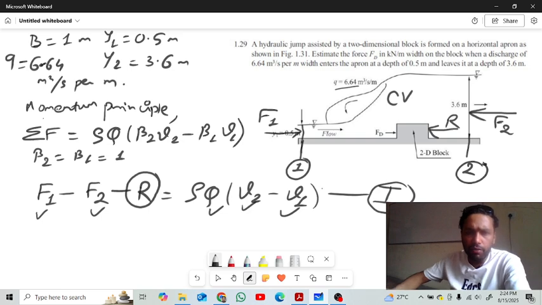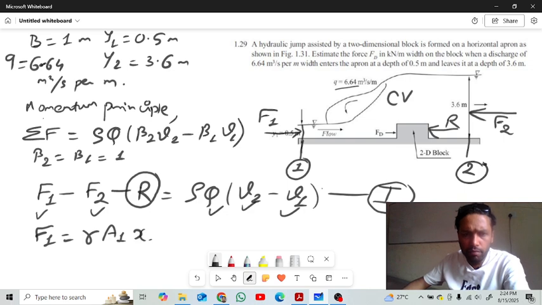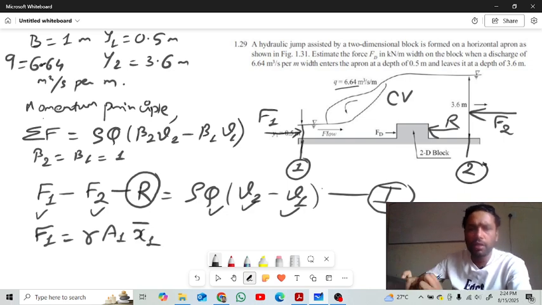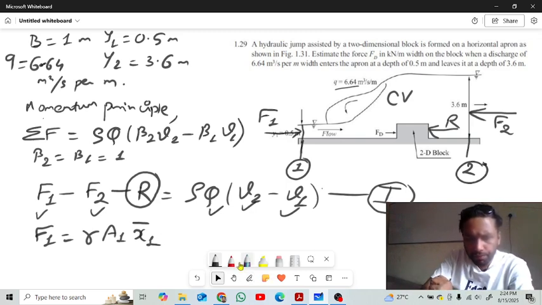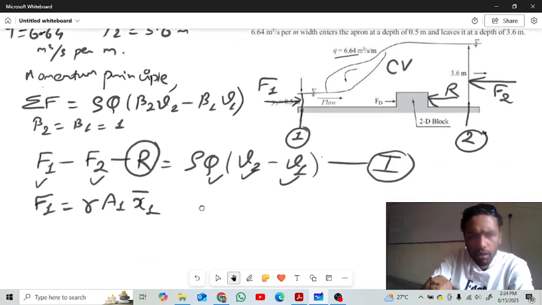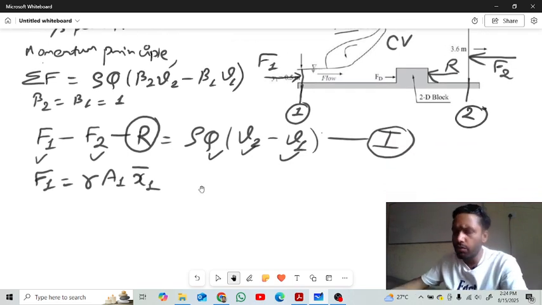So let's go and find F1, that is, the hydrostatic force at section number 1. F1 is equal to gamma A1 x1 bar. And how much is A1? Look at section 1. You can say A1 is equal to B into Y1.